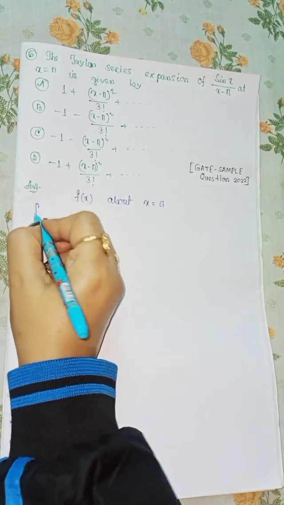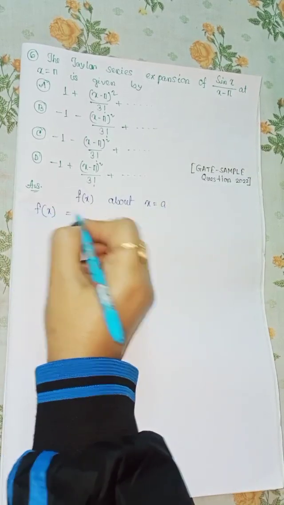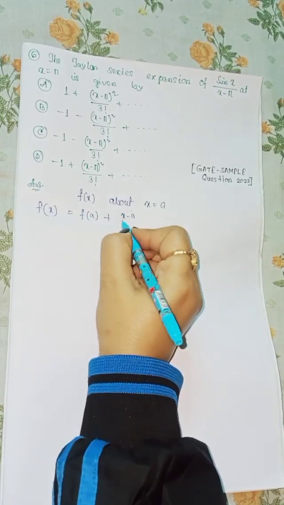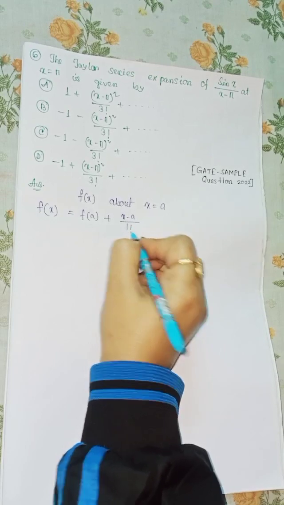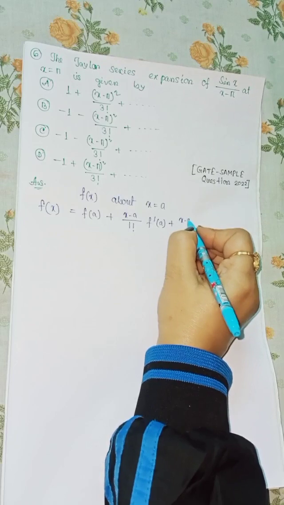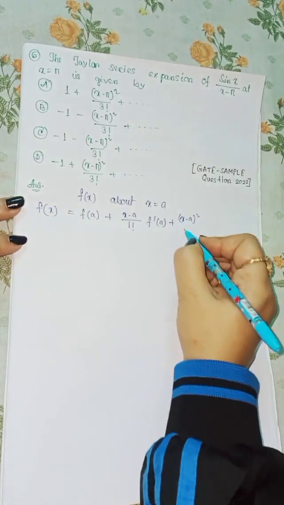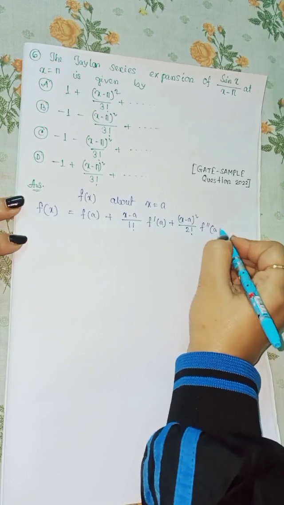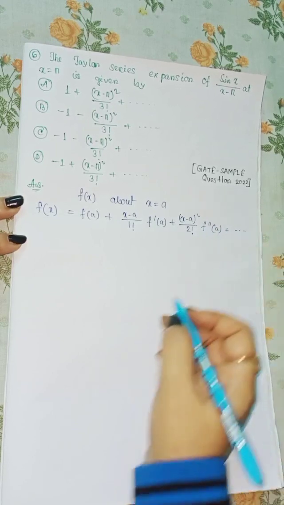So now f x becomes f a plus x minus a by factorial 1 f dash a plus x minus a whole square by factorial 2 f double dash a plus dot dot dot.